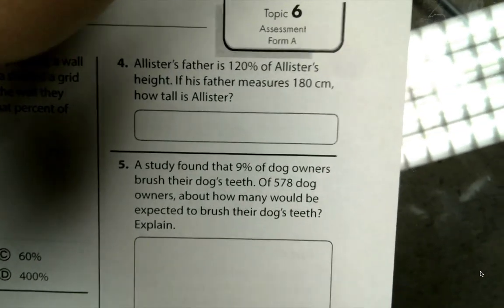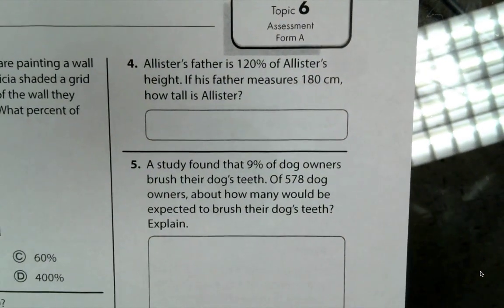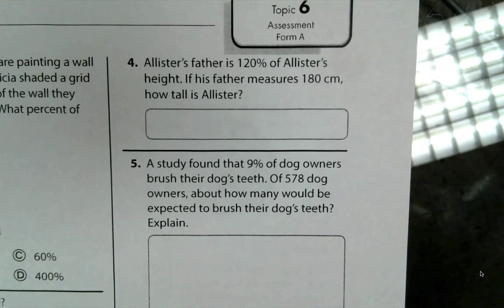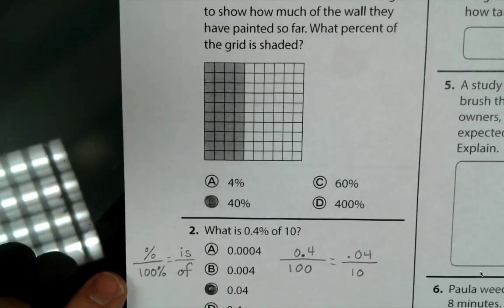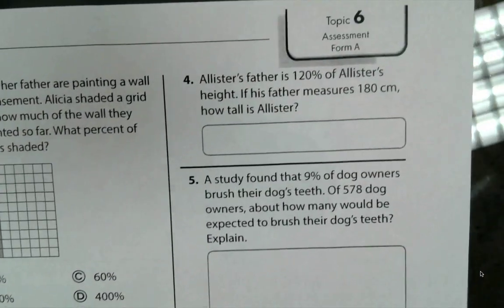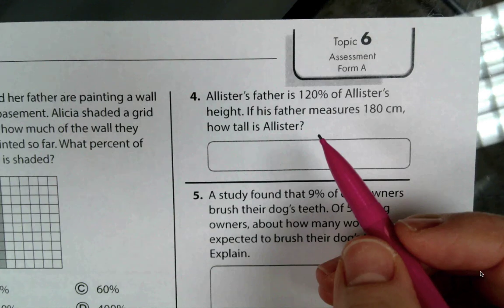Number 4, Alistair's father is 120% of Alistair's height. If his father measures 180 centimeters, how tall is Alistair? So first of all, remembering our percent over 100 here, starting with what we know, percent out of 100. Remember, percent is a ratio to 100.